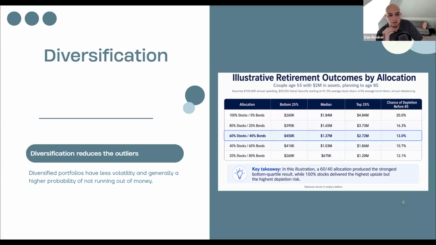But what that creates is it puts you into what we call outliers. You're either going to do really, really well or really, really poorly. You're more likely to end up in an outlier outcome with a non-diversified portfolio, of doing really well or really poorly. More likely to do that than end up in the middle. Ending up in the middle is what diversification helps do.